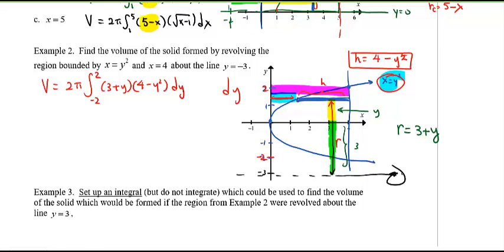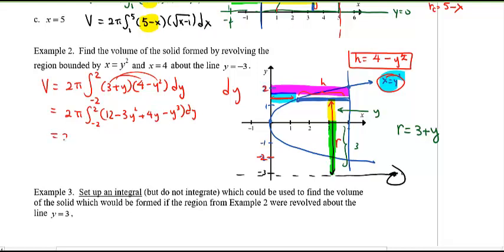So you have to do some algebra to solve. Alright? Oh, I don't really want to do this. Shall I do it? I don't really want to do this. But that's okay. 12 minus 3y squared plus 4y minus y cubed.